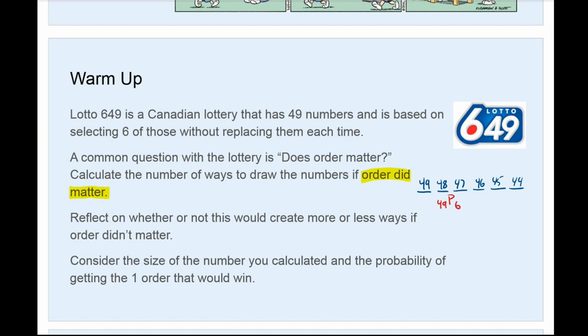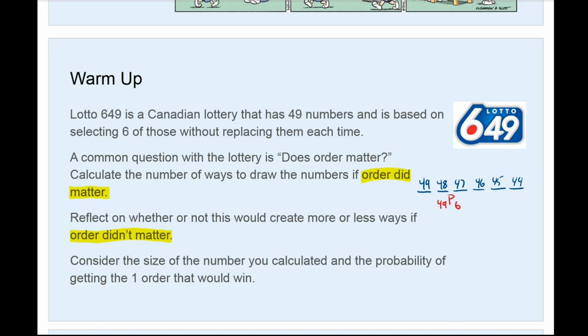Now, what I want you to think about is, if you looked at this question where order didn't matter, would you have more or fewer ways to come up with 6 different numbers? Would this change if order didn't matter?